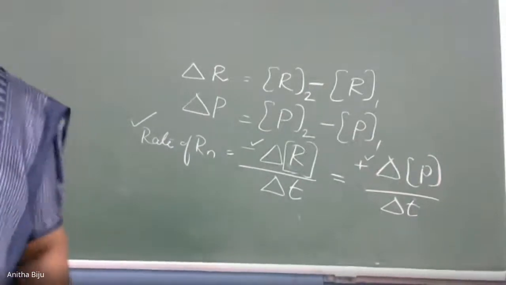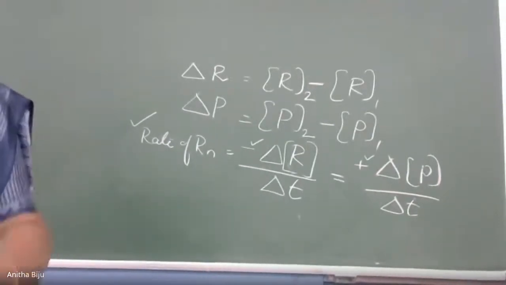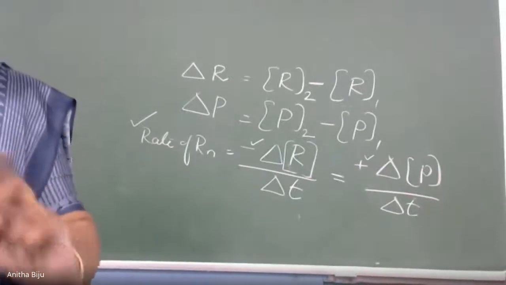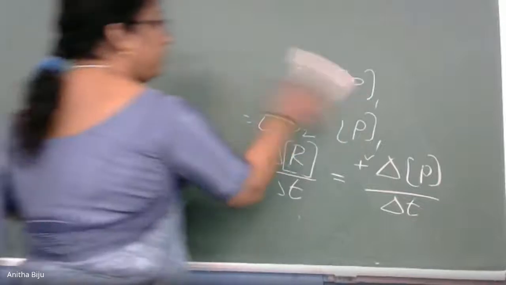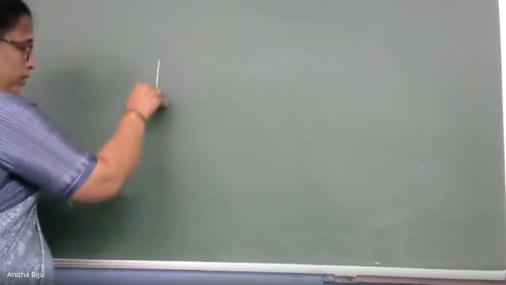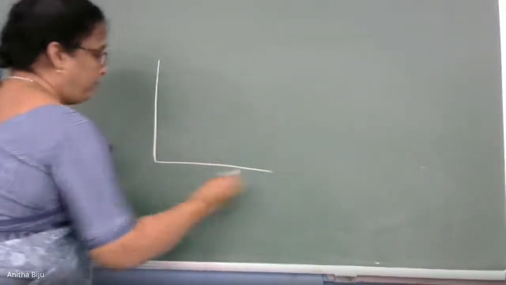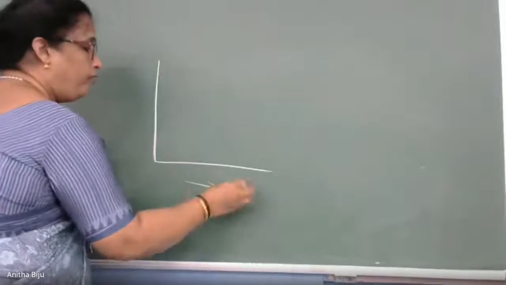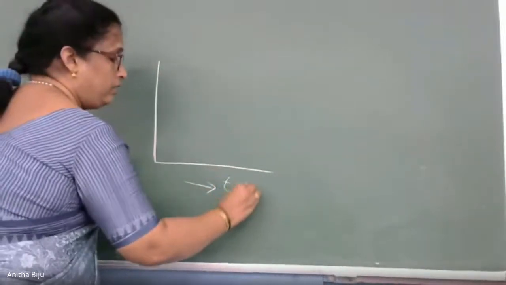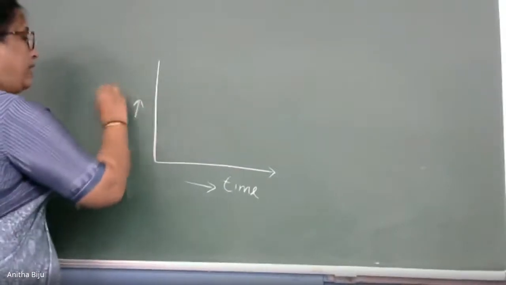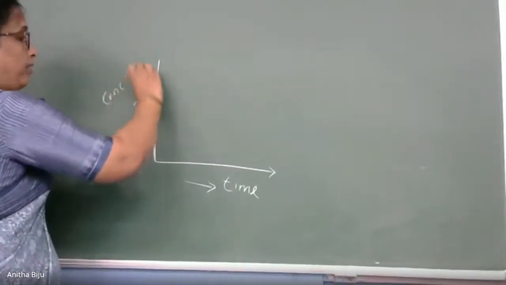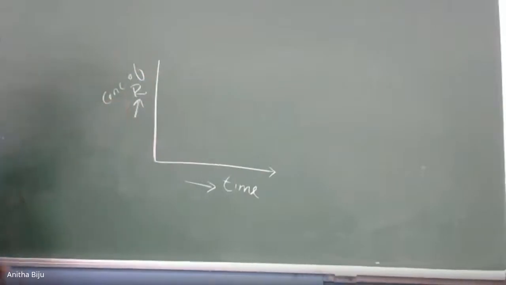Very important. Now let us think about how we can express this graphically. I will show you the way. Plot a graph here. On the x-axis we can write time, and on the y-axis concentration of reactants.